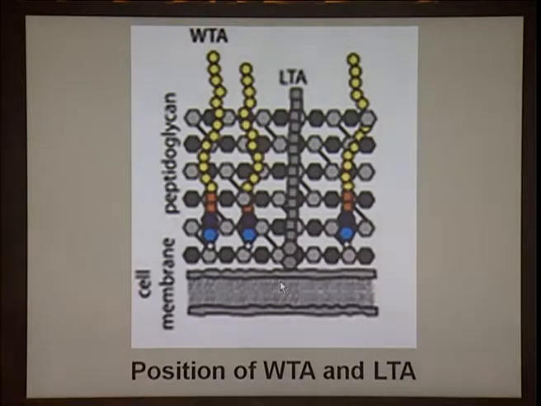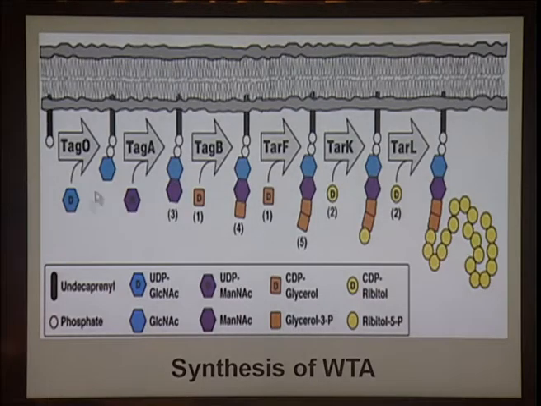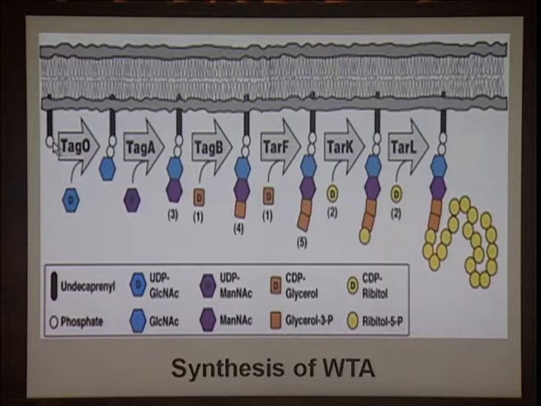Now, coming to the position of the wall and the lipoteichoic acid, you can see this is the typical lipoteichoic acid, a straight chain having a similar type of compound, but in wall teichoic acid you have different residues. You can see in this slide the different steps involved. There is always a backbone. I told you the backbone is undecaprenyl and the phosphate which is binding with the sugar residue.